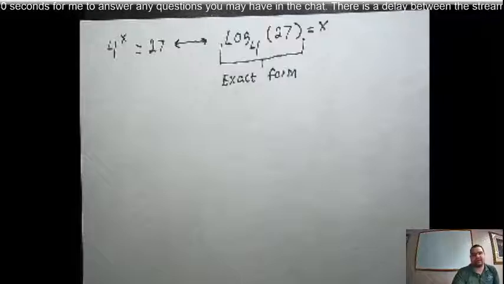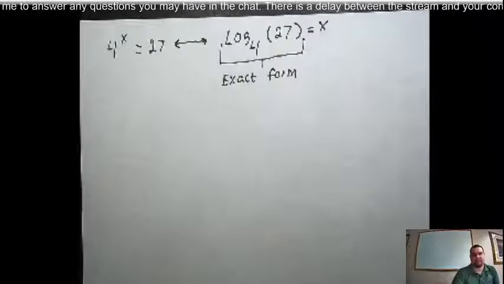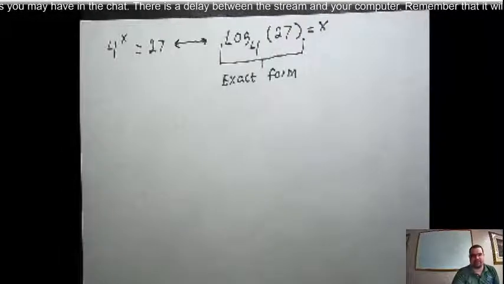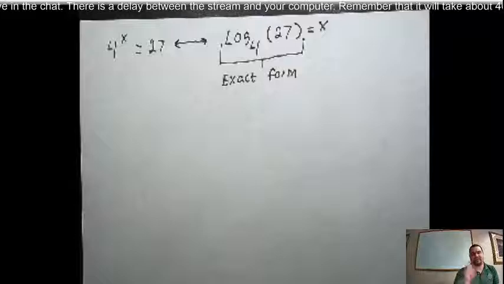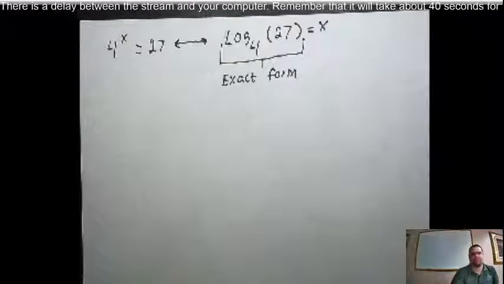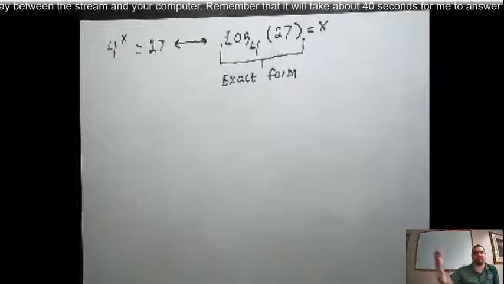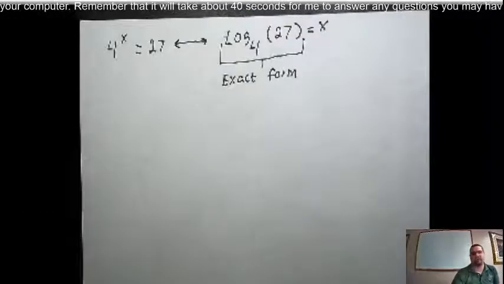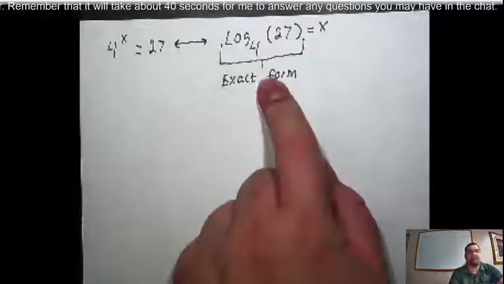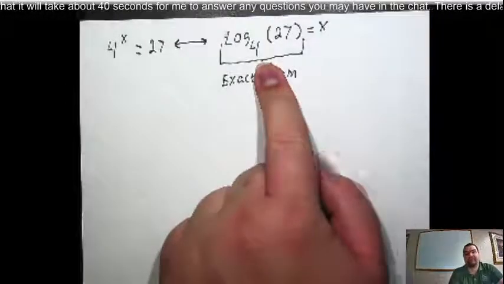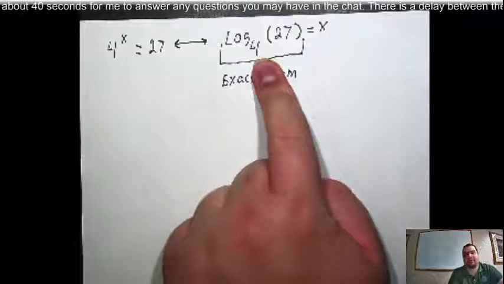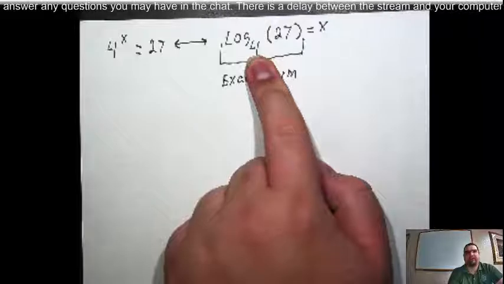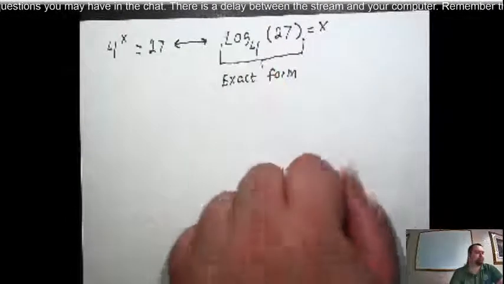We could plug this into a calculator and get an approximate answer. But we would have to round the answer. We wouldn't get just a nice, neat little number. It's going to be something with a long decimal that keeps going on and on forever but never repeats. So again, we'd have to round it. That's why we prefer this when we're doing math, because all of the information for x is in here, and we can keep doing calculations with this number, and we're not going to lose any information from rounding.